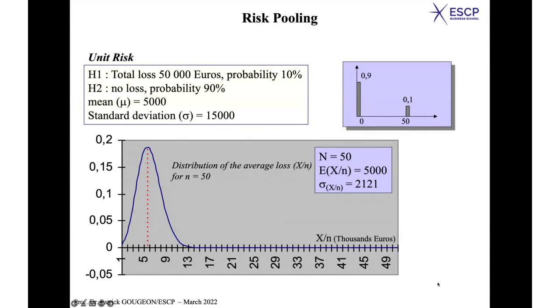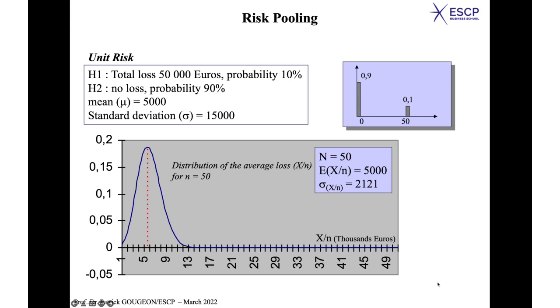Actually, the curve extends to the extreme right of the graph, up to 50,000, because the probability that all individuals within the group have a loss cannot be excluded. It may happen, though the probability is very, very unlikely. That's why insurers have to make the assumption that it will never happen, and they center their analysis on this type of curve, which looks like a normal curve.